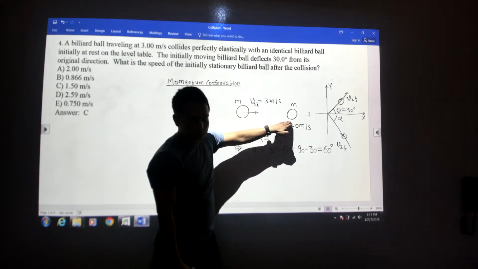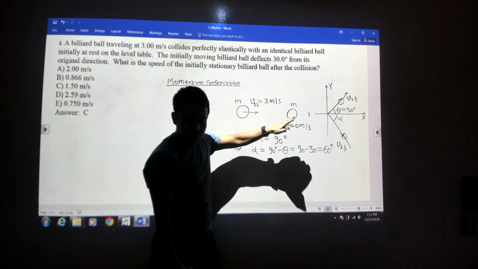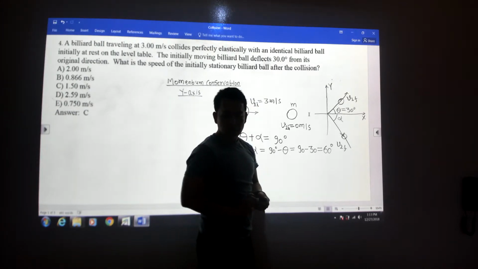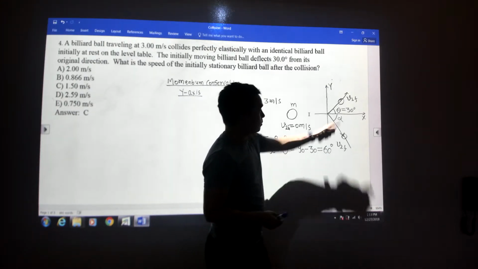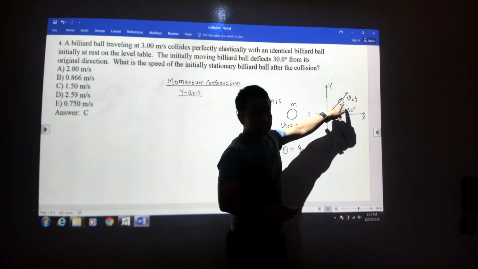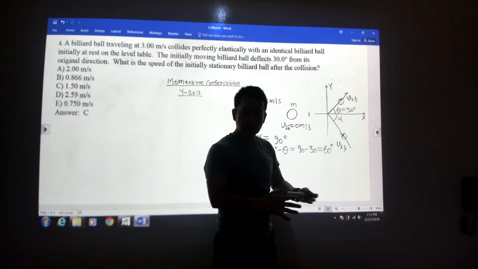This other ball is at rest, so its momentum is 0 too. Now let's think about the velocity of the ball moving at an angle: it has two components, along the x-axis and along the y-axis.